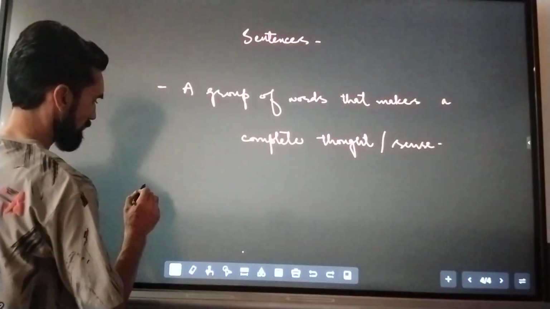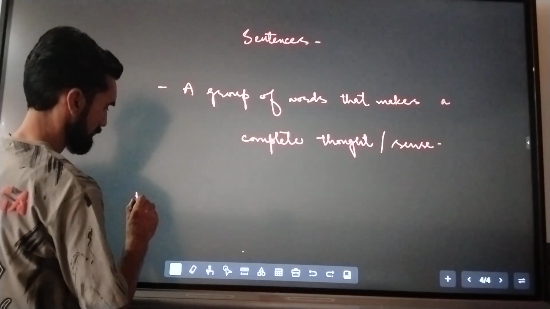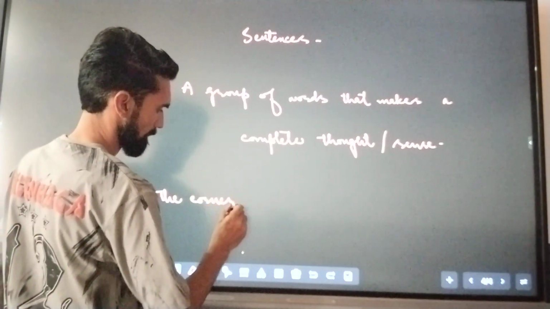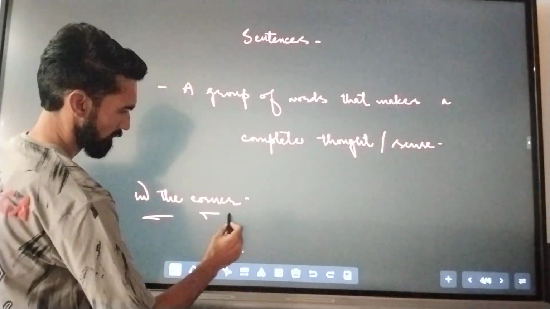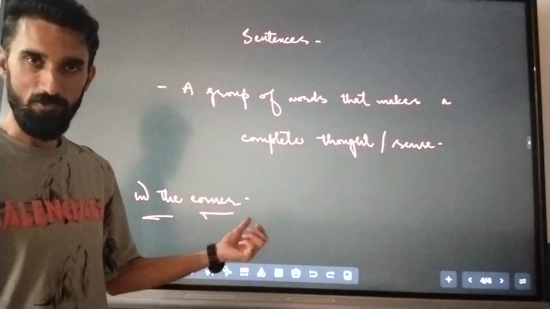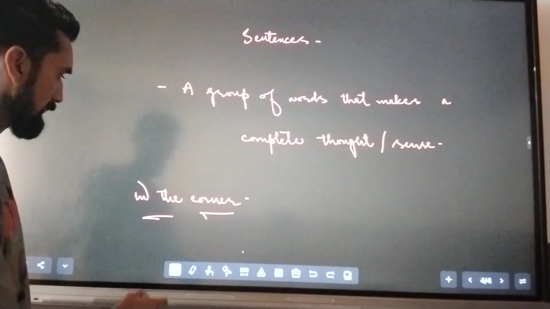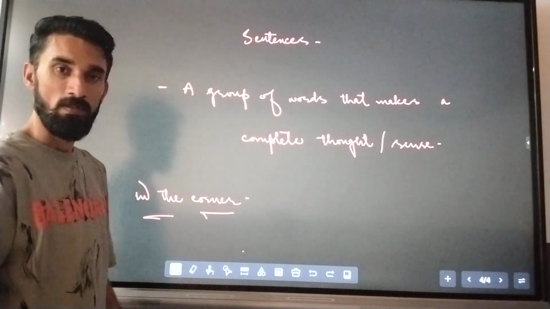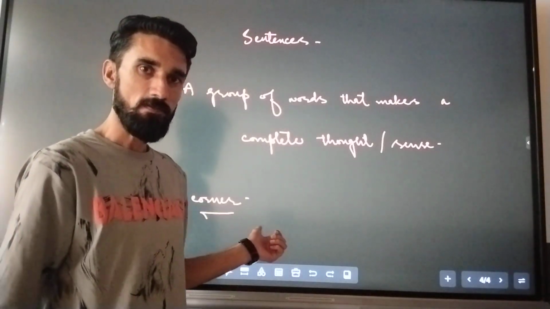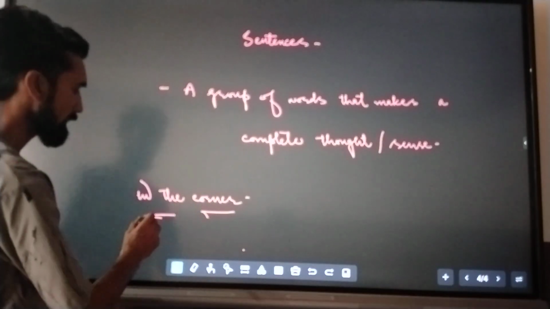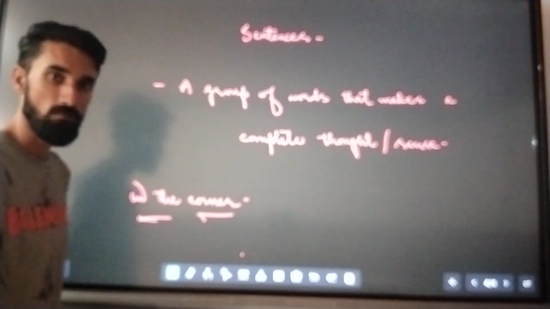Now, here again, there is a group of words here. I have mentioned 3 words here in the corner. Is this a sentence? No, this is not a sentence. This is a phrase.